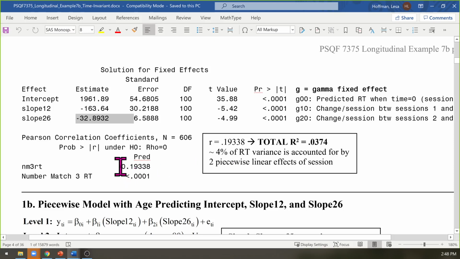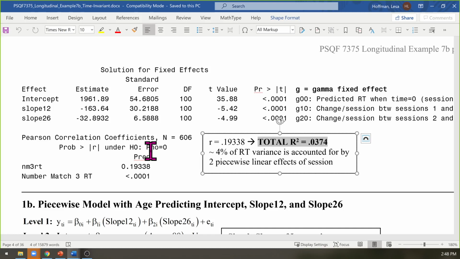So the correlation between response time as predicted by these two slopes with the real one is 0.19. If I square that, that comes to a total R-square of about 0.04. So about 4% of all of the variance in response time across people and occasions is captured by just average change over time. So a lot left, 96% to be specific.